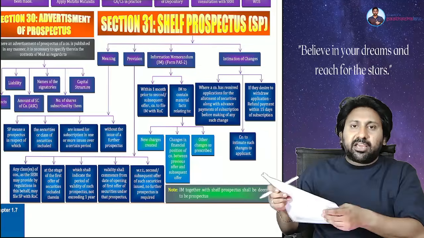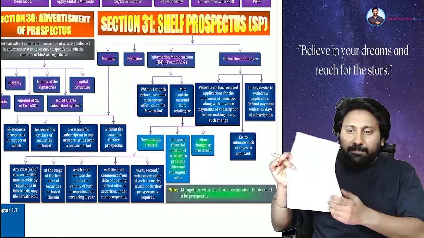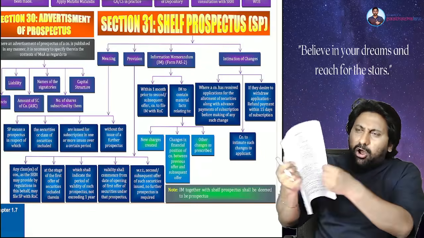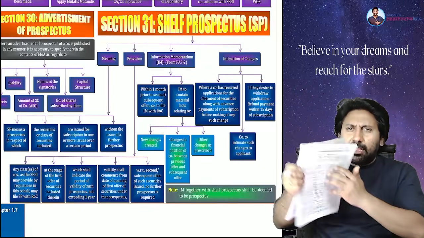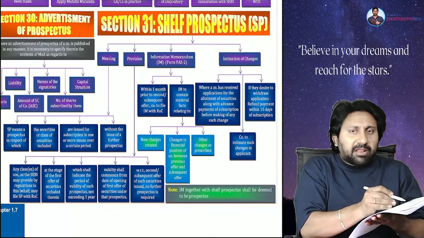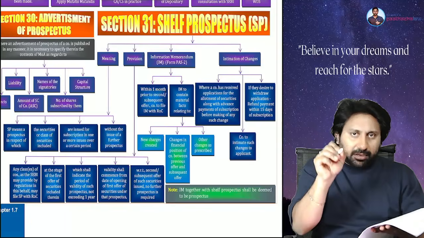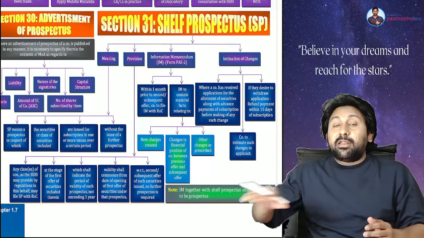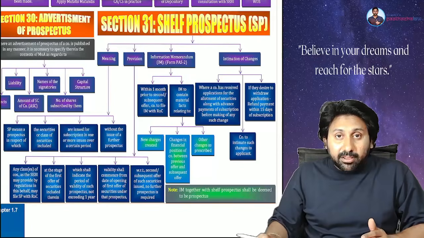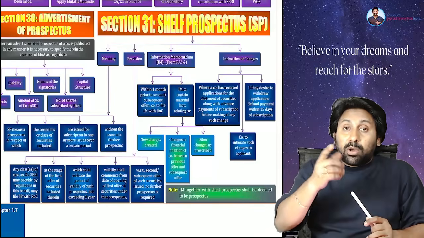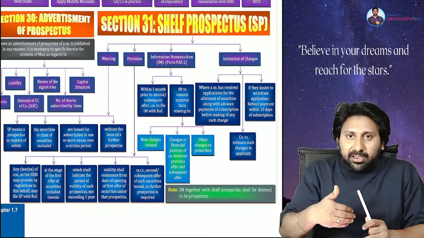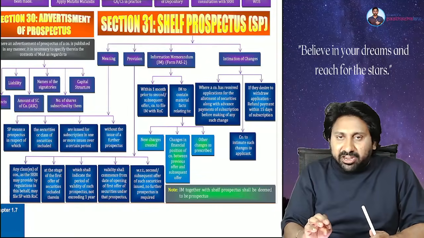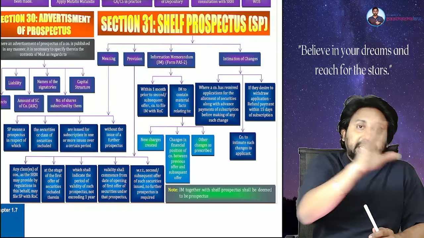It contains all the details of a prospectus, but the price will be a blank. Number of shares will be a blank. Remaining details will all be there. Once I receive demand from the public, I will average it out, fix the number of shares finally, and fix the final price also.